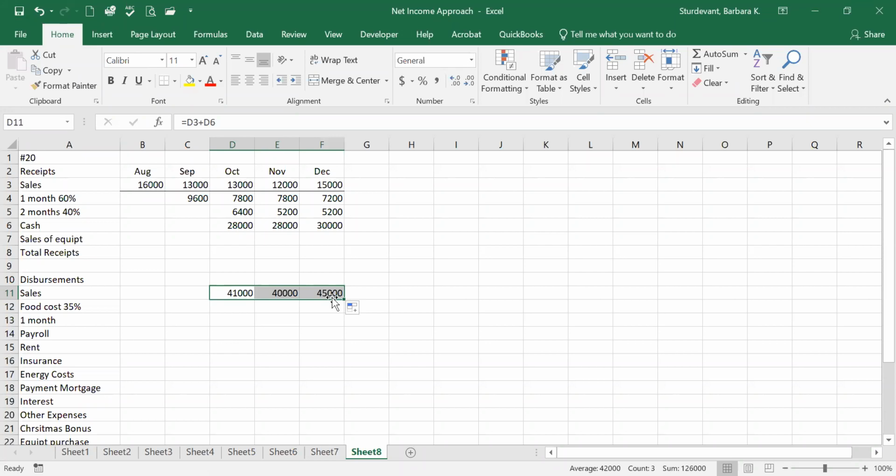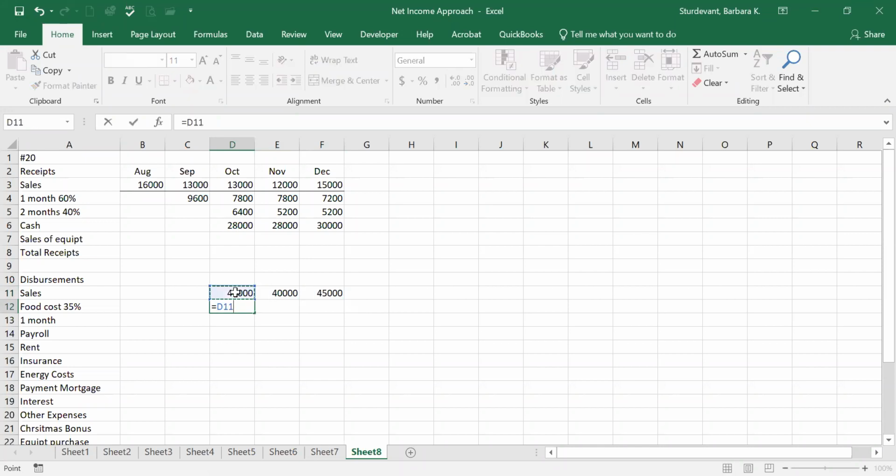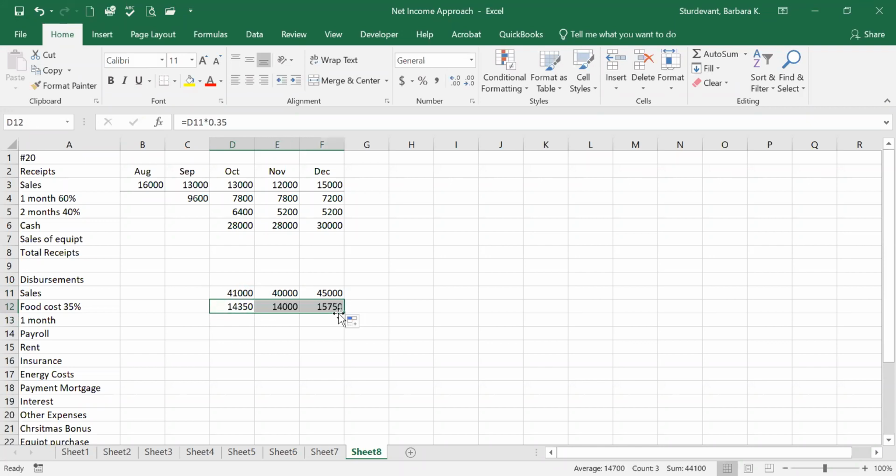And then the food cost was based on that total revenue. So we're going to take these and multiply by 35%. That's when they buy. Okay, so that's when they buy, but I don't care when they buy, I care when they pay. And so actually I need to put September in here too, because September is paid for.